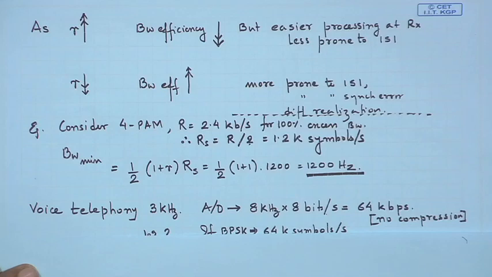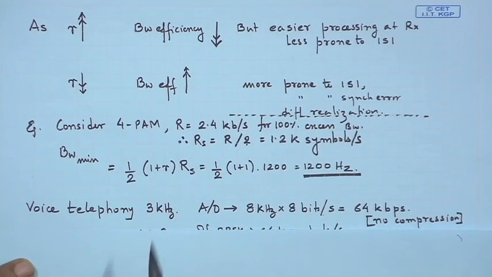So, if you extend the example to voice telephony, the bandwidth of voice typically is 3 kilohertz. So, if we are doing analog communication, we will be required to send the signal over a bandwidth which is slightly more than 3 kilohertz.